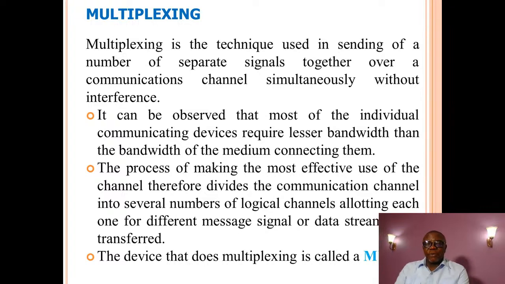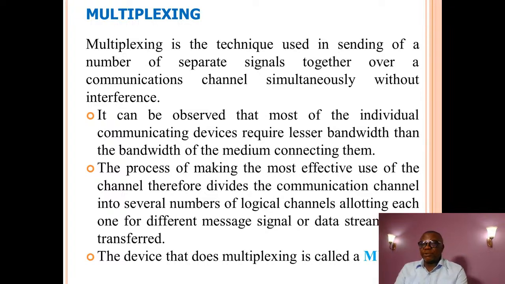The process of making the most effective use of the channel, therefore, divides the communication channel into several numbers of logical channels, allotting each one for different message, signal, or data stream to be transferred. The device that does multiplexing is called a multiplexer, and in short, as a MUX, M-U-X.